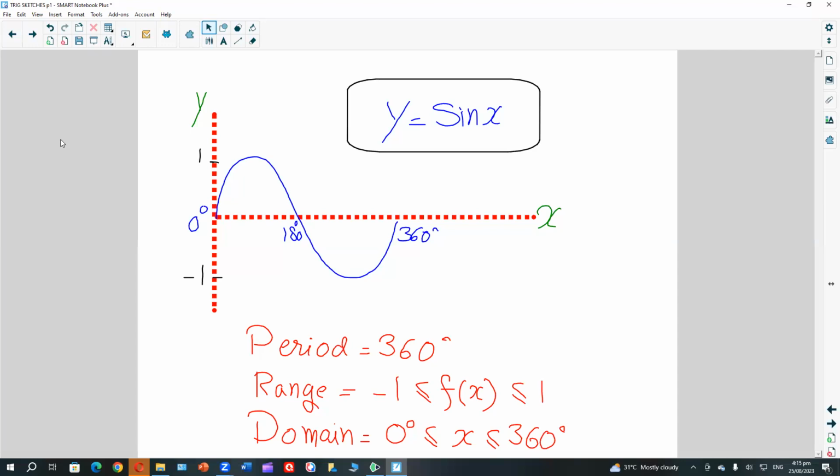Have you copied this sketch? Yes, I'm just writing down the details. Range, x.